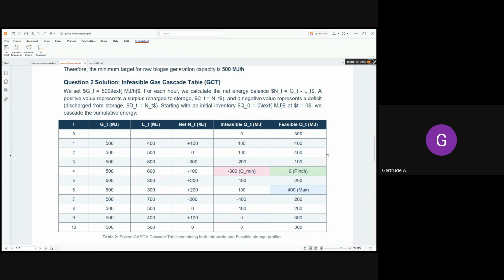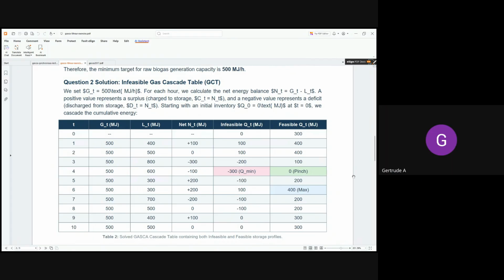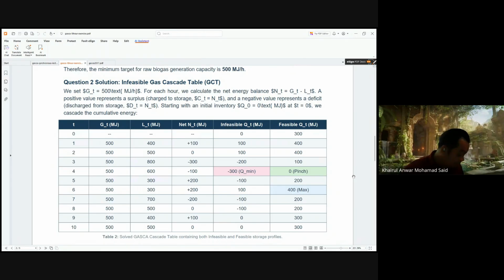So meaning the lowest deficit, the P value is negative, let's say 300. In this case you find out 300 minus 300 divided by 300. What is it? 0%.